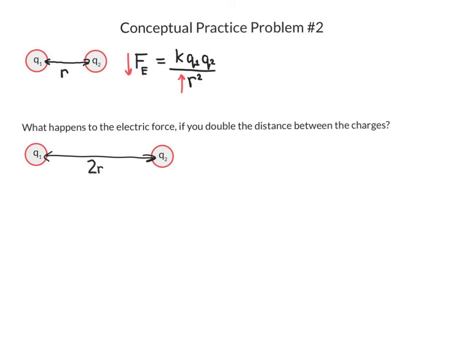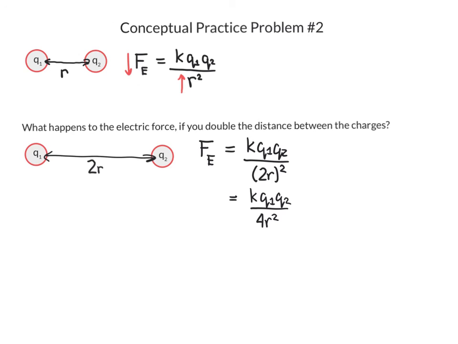But let's write it out in terms of Coulomb's law. That is, the electric force equals K times Q1 times Q2, our two charges, now over 2R squared. If we do the math out here, we have KQ1, Q2 on the top. 2R squared is actually 4R squared.